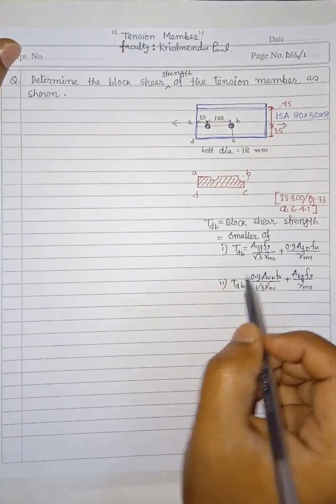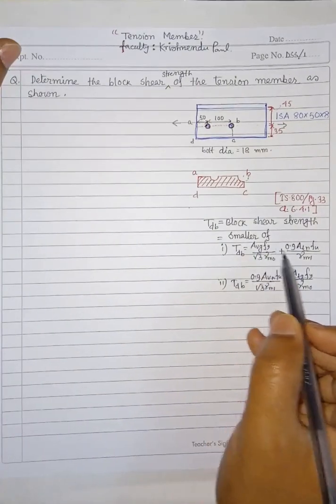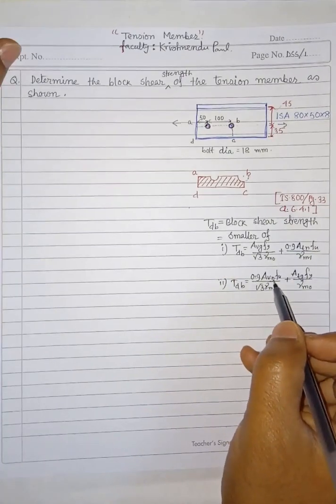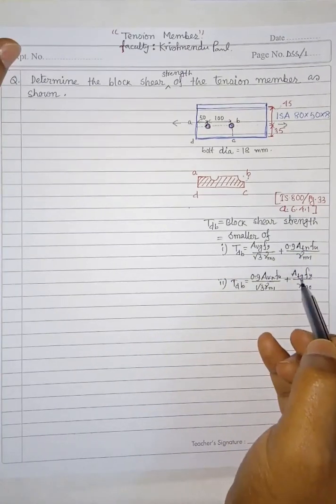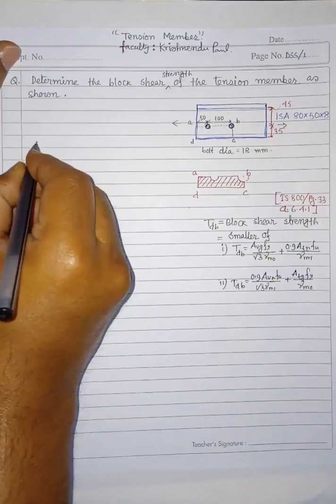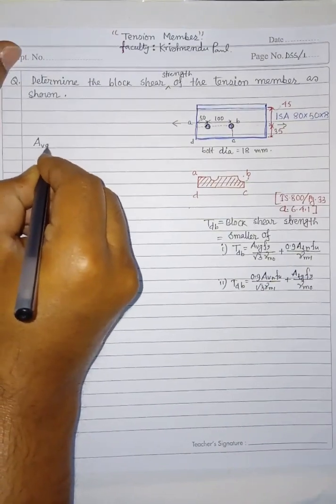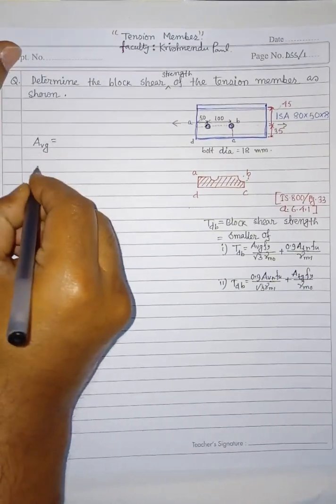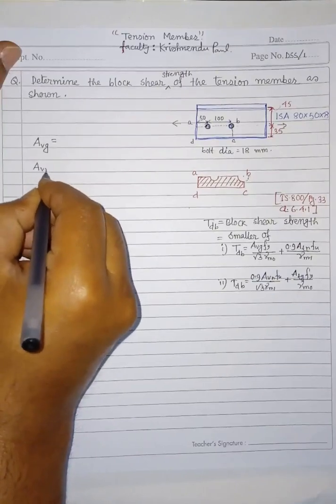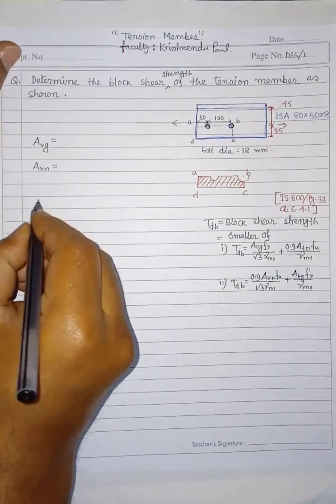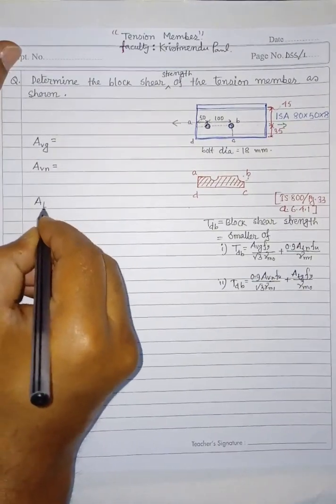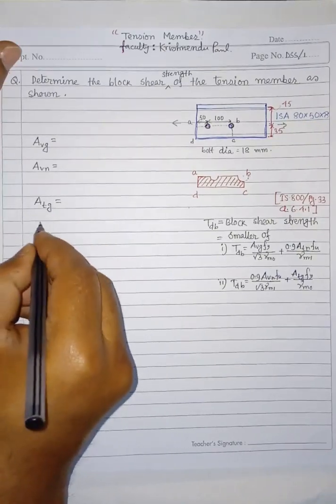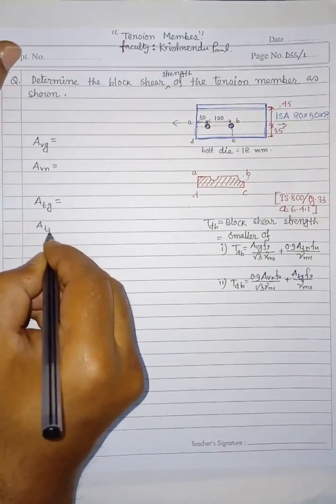Now what are Avg, Avn, Atg, Atn? You have to find these. First one is Avg, second is Avn, third is Atg, and fourth is Atn.